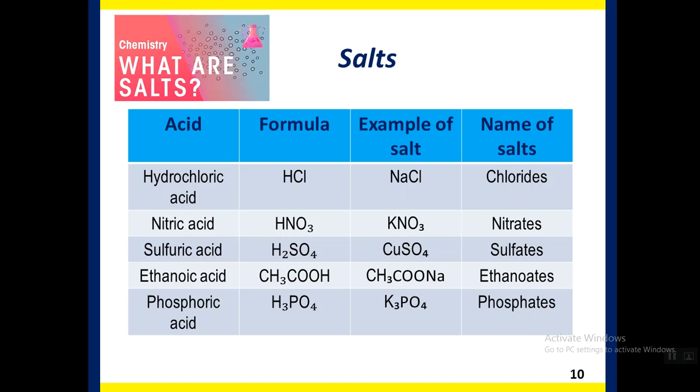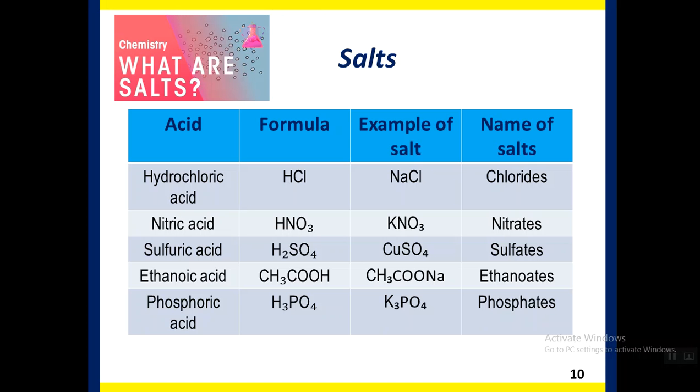First one, hydrochloric acid. If hydrochloric acid, that is HCl, reacts with sodium hydroxide, that is NaOH, it forms the salt sodium chloride, that is NaCl. So the name of the salt is chloride.